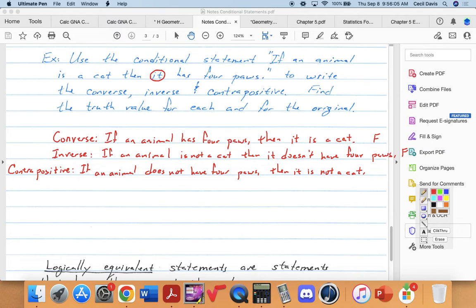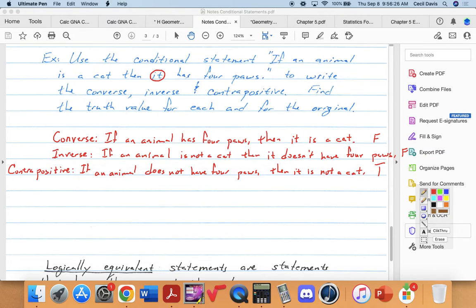I will say occasionally students on this are like, oh, I knew a cat that had 3 legs, so it only had 3 paws. We're talking in somewhat generalities here. Okay, we're not going to get silly about it. Is this true or false? True. It's true.